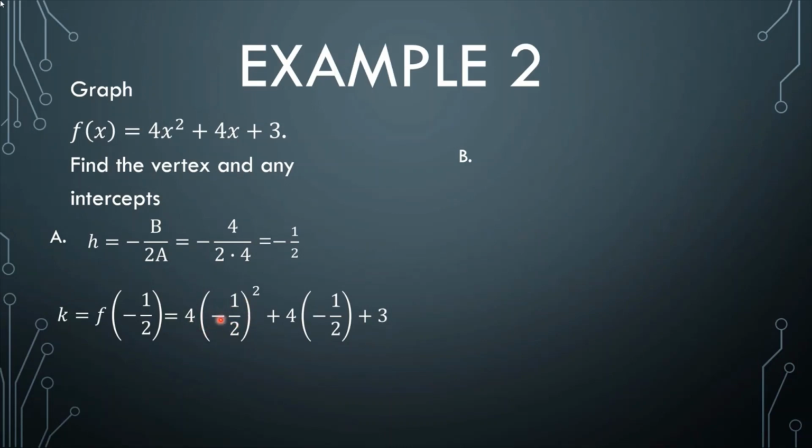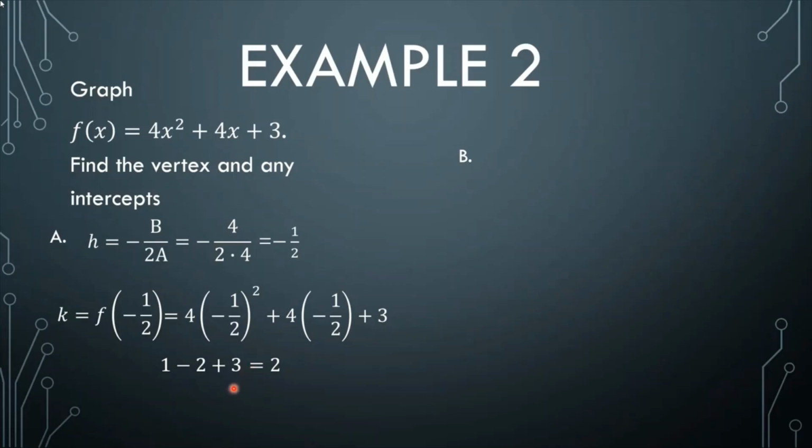So this would be 1/4 times 4, which will give you 1. 4 times negative 1/2 gives you a negative 2. And then plus 3. So that's 1 minus 2 plus 3. This will give you 4 minus 2, which is 2. Just rearrange it, make it a little bit easier.